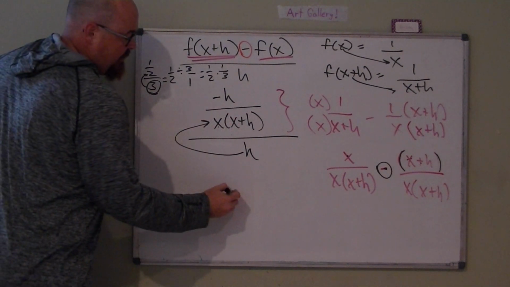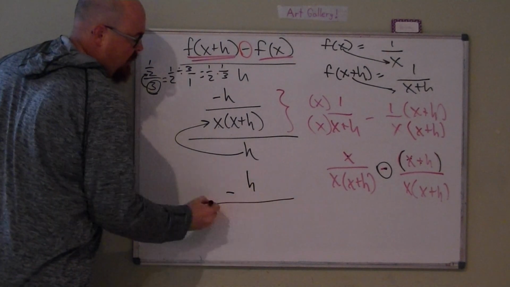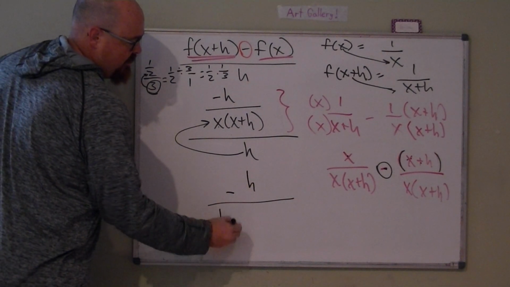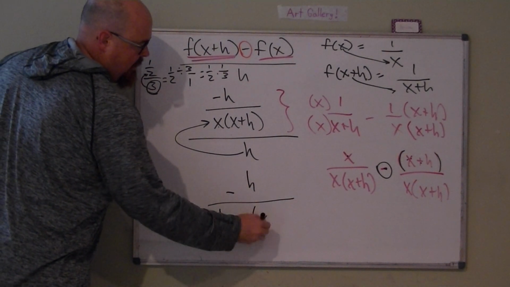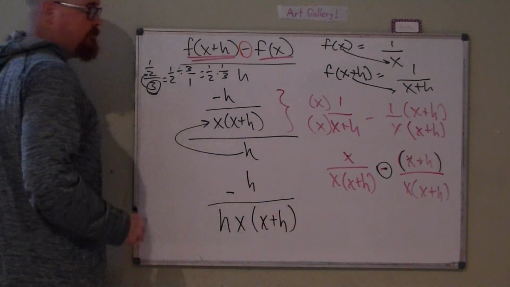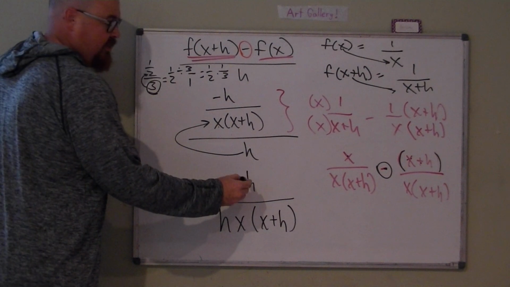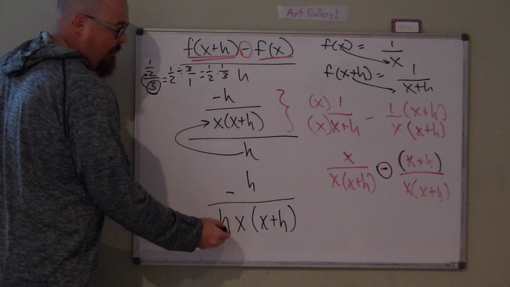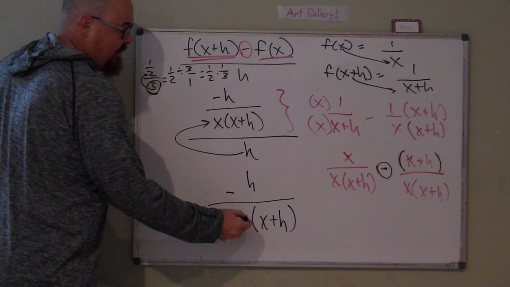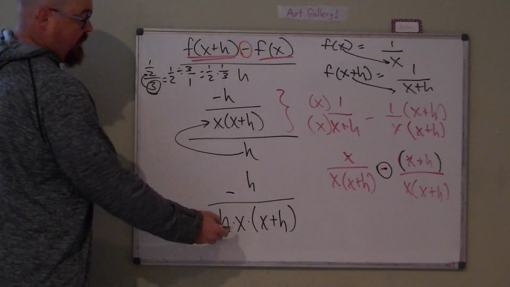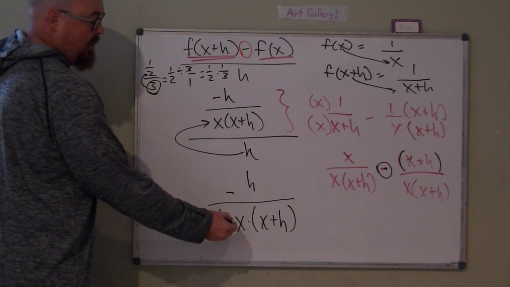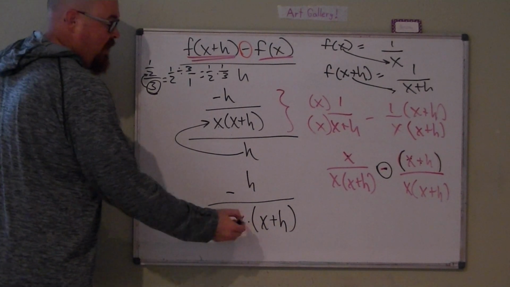So my new expression says negative h over h times x times x plus h. And when you look at this expression, I have an h in the numerator, and in the denominator I have an h times x times this binomial. So this h is being multiplied by something that's being multiplied by something.